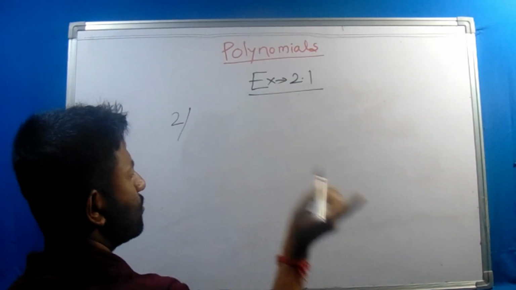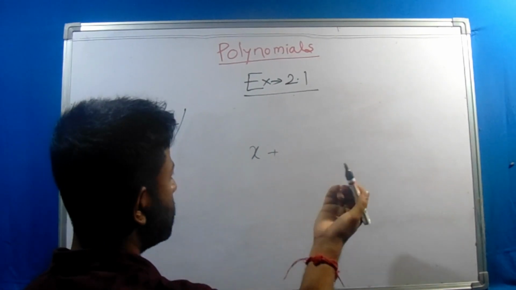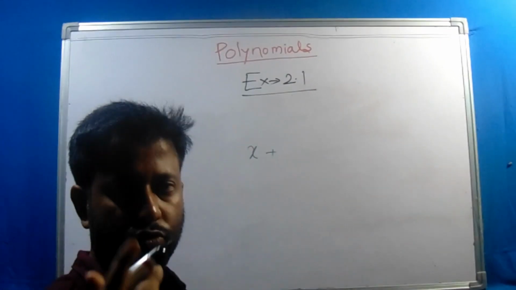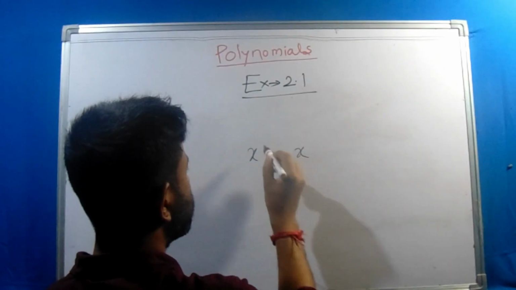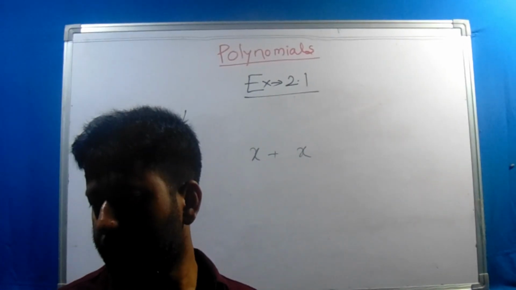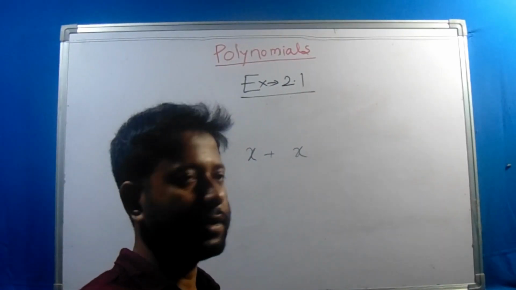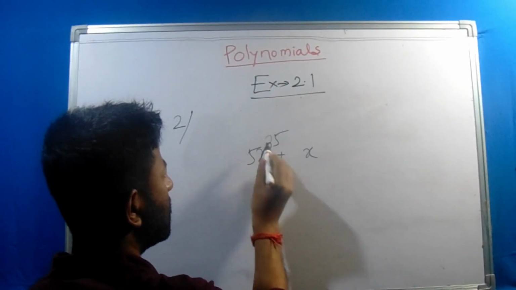So I write, suppose my variable is x, and since it's binomial, it should contain two terms. So I write x, and then they mention the degree. The degree is 35. Since the degree is 35, the maximum power should be 35. I am writing some constants here.